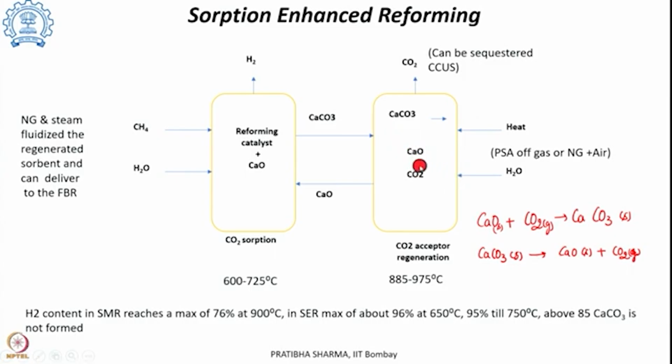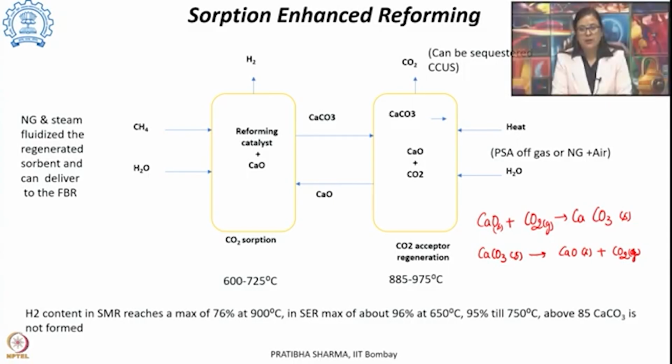Herein the calcium oxide is obtained and carbon dioxide can be used for carbon capture, use and sequestration, because highly concentrated carbon dioxide is obtained in the process. However, the regeneration takes place at a higher temperature, 885 to 975 degrees centigrade.